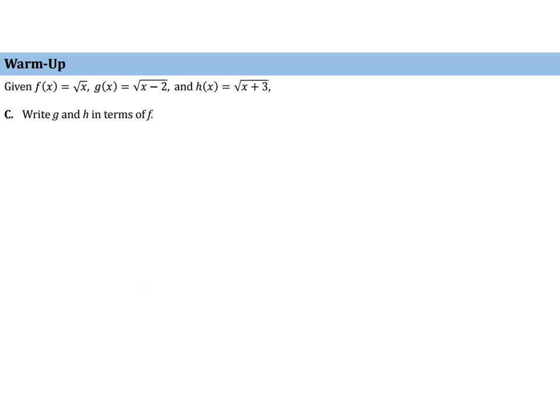So now let's write g in terms of f. That means instead of writing the square root of x minus 2, we can use f as another name for the square root function. So notice that f of x equals the square root of x means that whenever I put in something, out pops the square root of whatever that was.